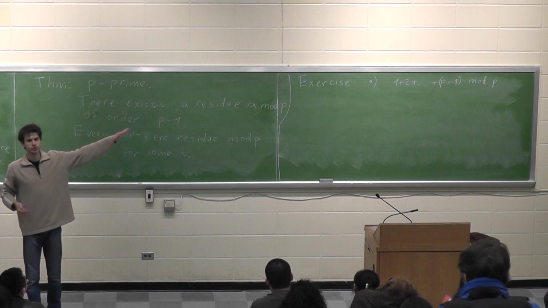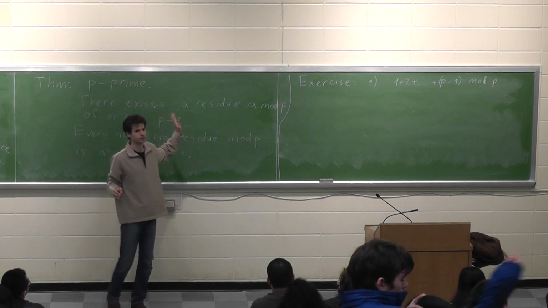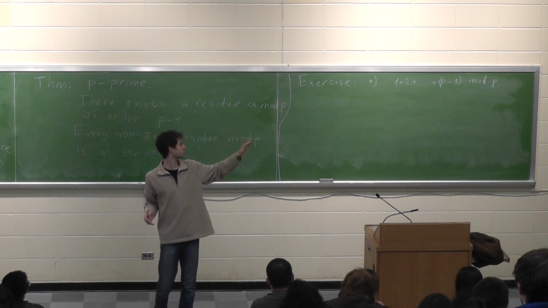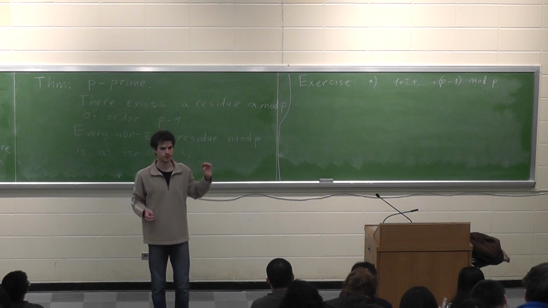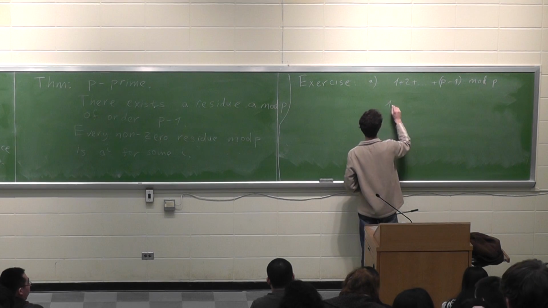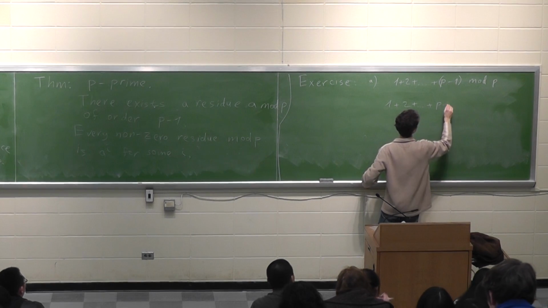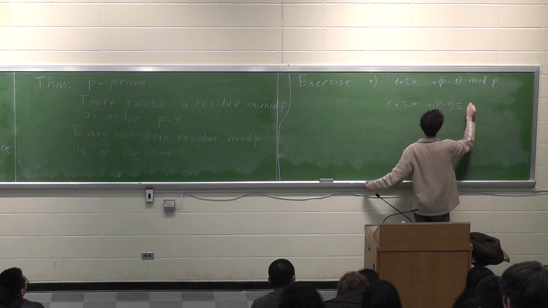This particular sum doesn't have much to do with primitive elements. The claim is that this sum, 1 plus 2 plus and so on plus p minus 1, is congruent to 0 modulo p.